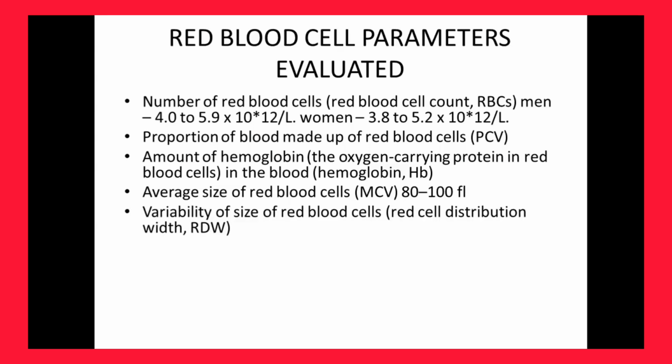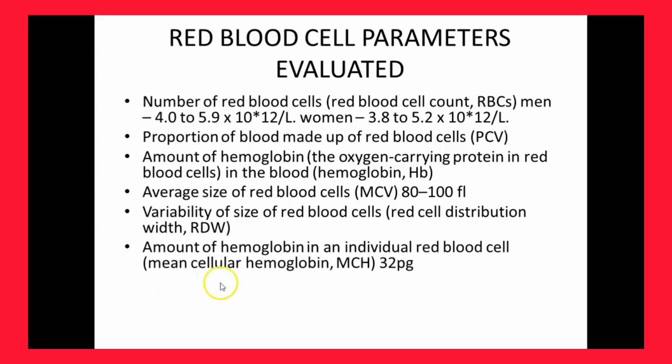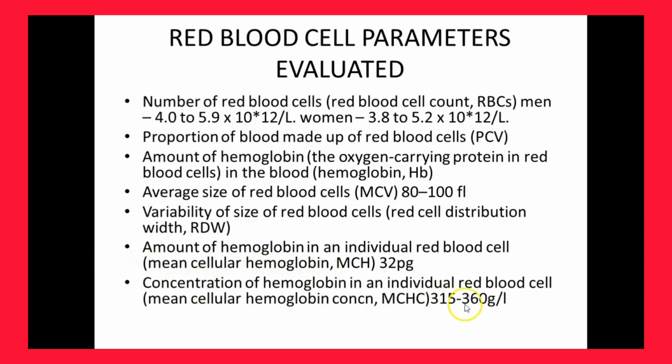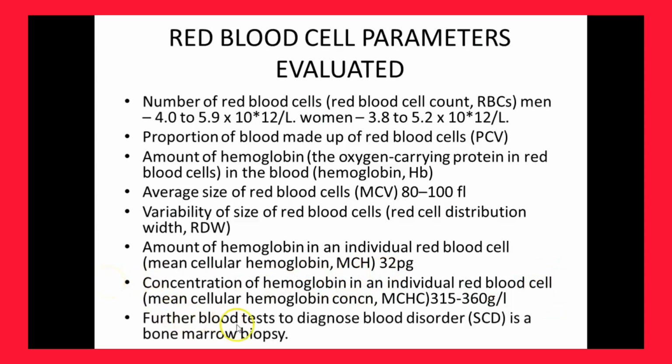The variability in the size of the red blood cells, and the amount of hemoglobin in an individual red blood cell, that should come in at 32 picograms at normal, and also you are talking of the mean cell hemoglobin concentration. When these values are lower, you are talking of microcytic anemia, or macrocytic, or normocytic.